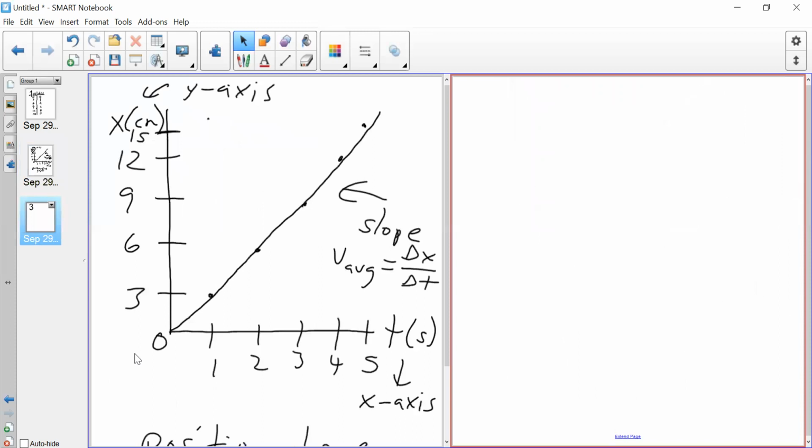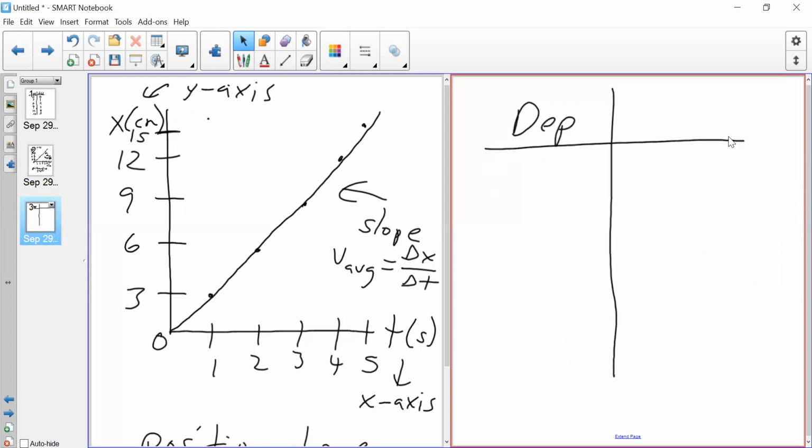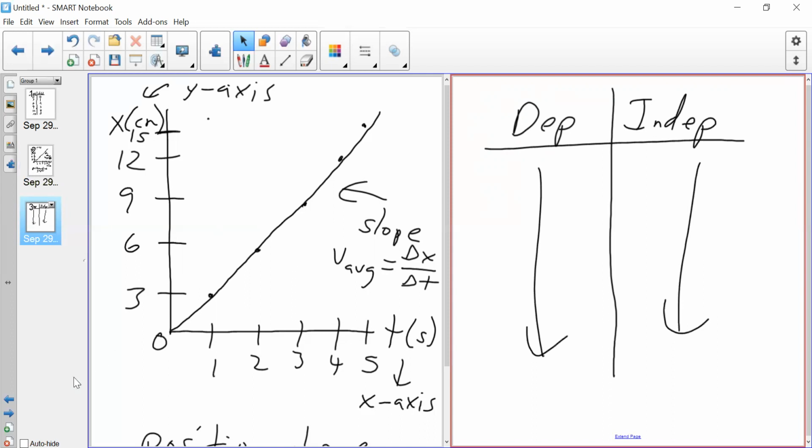So let's take a deeper look at this. So again, the dependent variable, the left-hand column, we know that's the position for this type of graph, the position versus time. It's the independent, our numbers, okay?